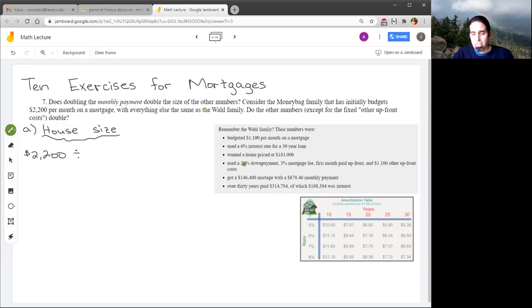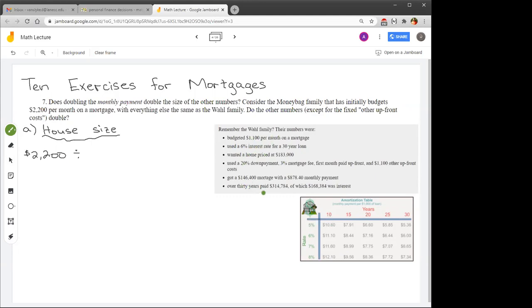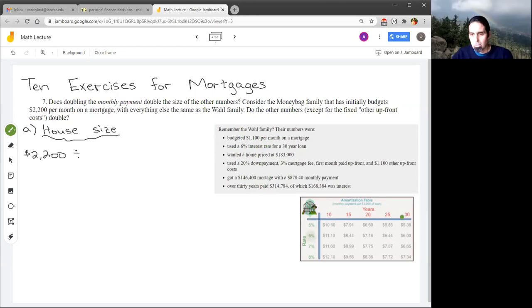We have to use everything else the same. The only number we're changing is the 1,100 per month. So 6%, 30 years, we're getting $6 is the table value. $2,200 divided by 6 is 366 about.